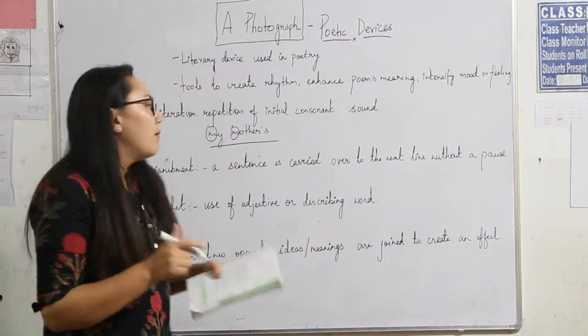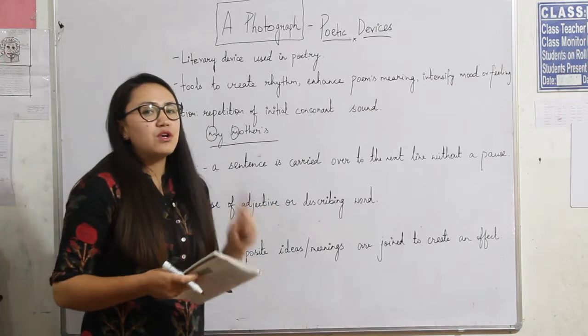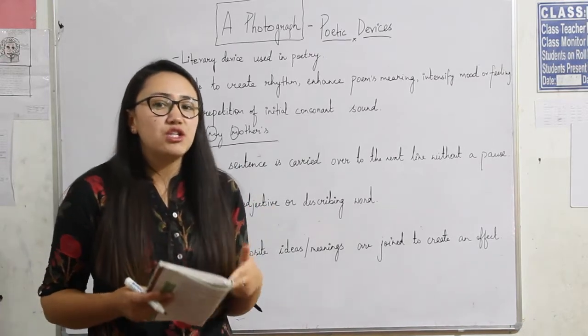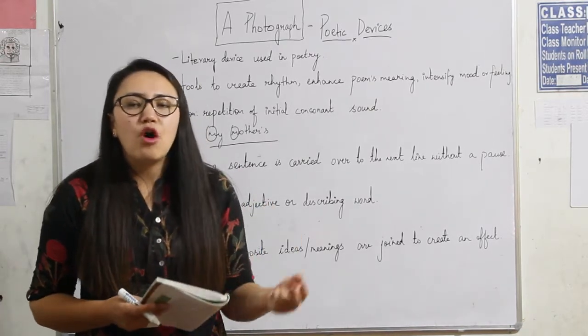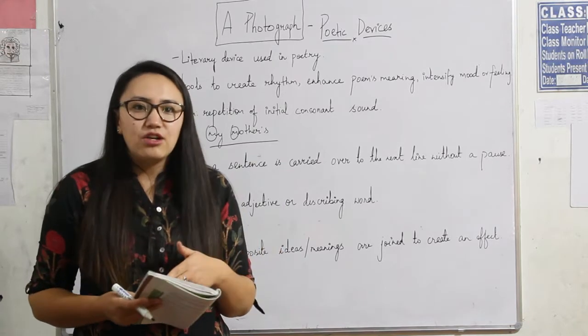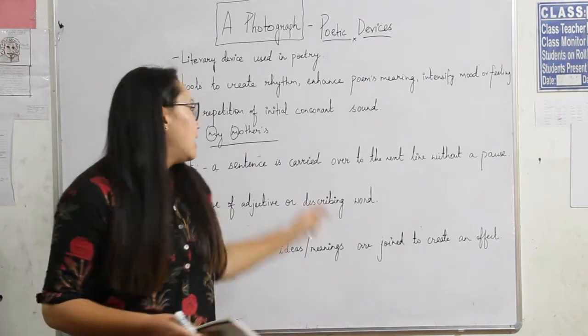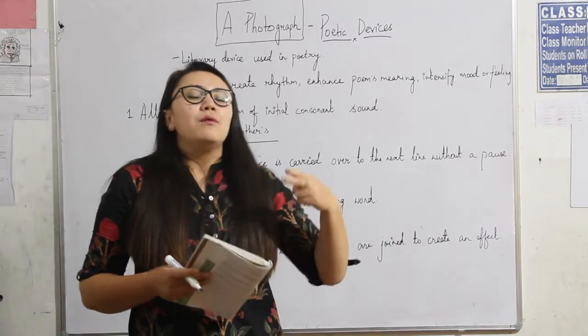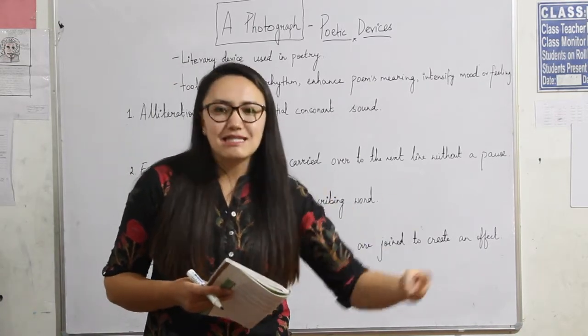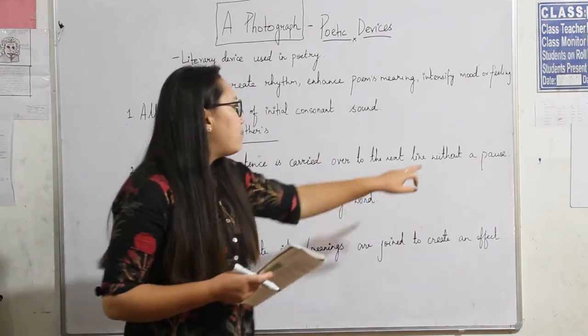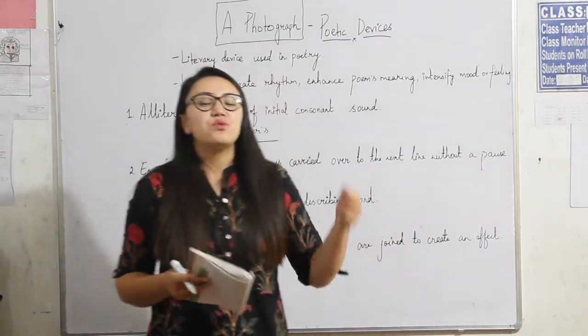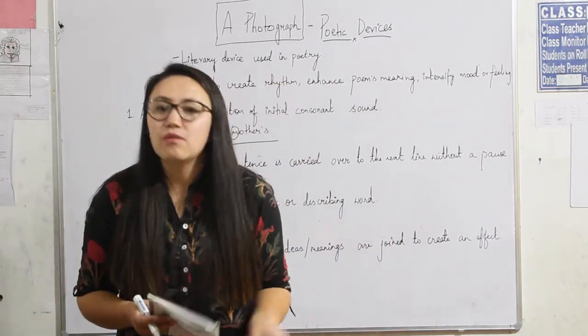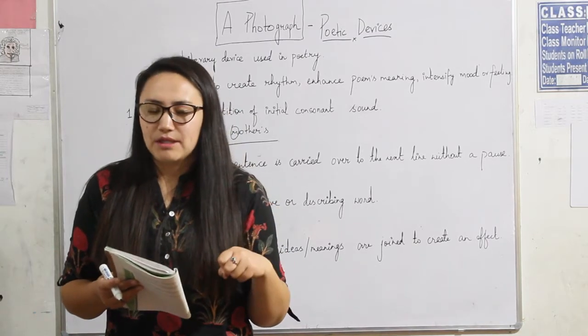But in the first line, the poet has not used any punctuation like a full stop or comma at the end of the line. So the meaning of the sentence is carried over to the next line without a pause, without a comma, without a full stop. So that is why it is enjambment.